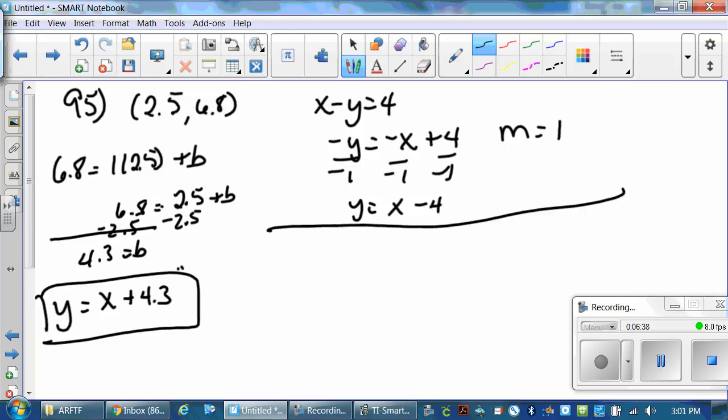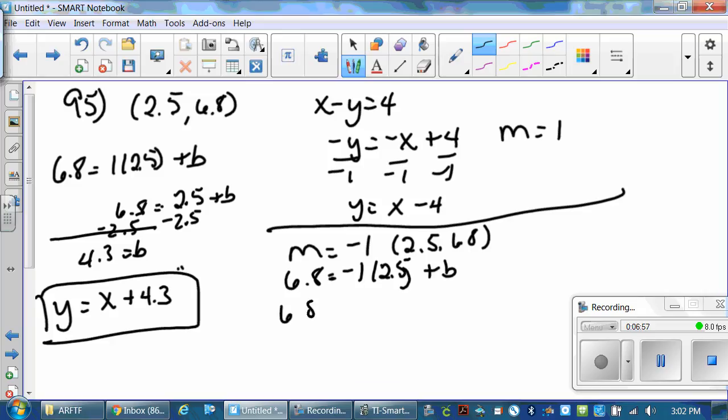The perpendicular line would have a slope that is the opposite reciprocal, so -1. Still going to use the same point, 2.5, 6.8. That's going to be y equals m times x plus b. So that's 6.8 equals -2.5 plus b.